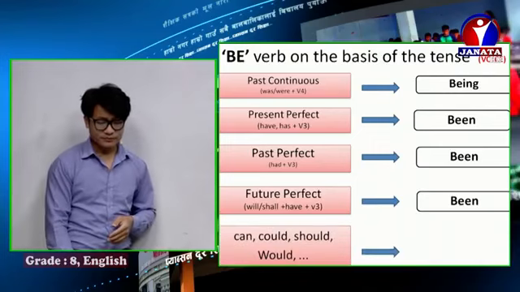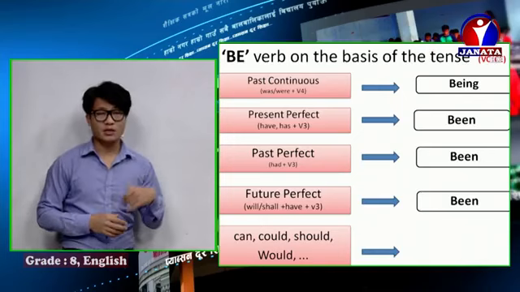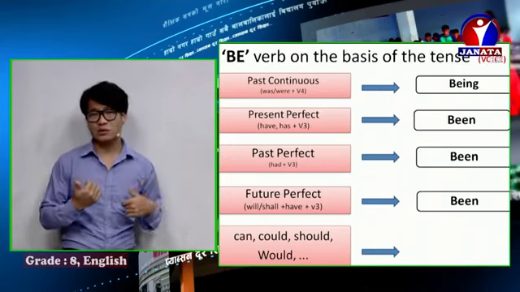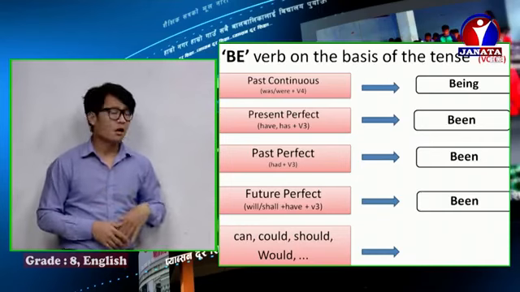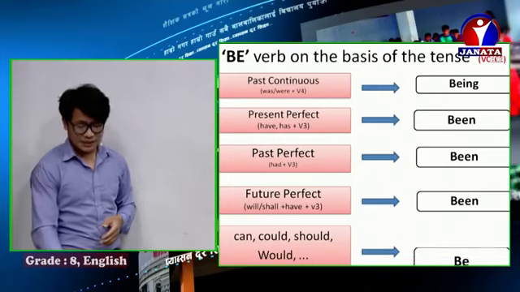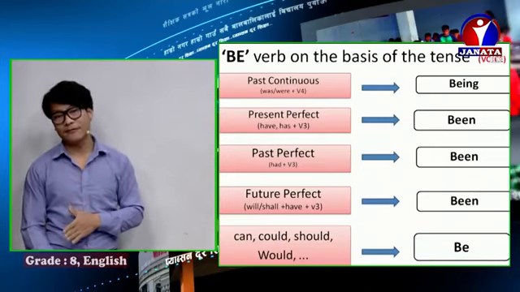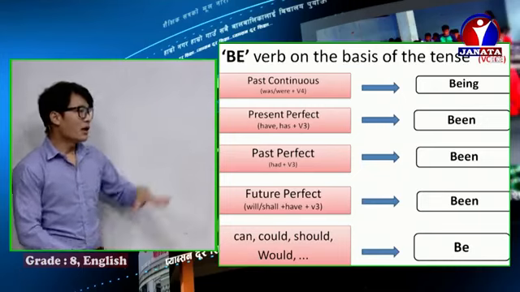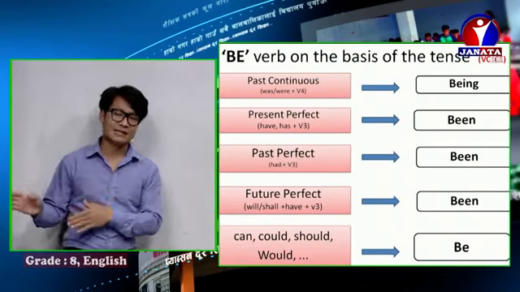Next, we have some modal verbs like can, could, should, would, going to, need to, must, may. With these modal verbs, we use the be verb. So after completion of the be verb on the basis of the tense, now let me show you another.